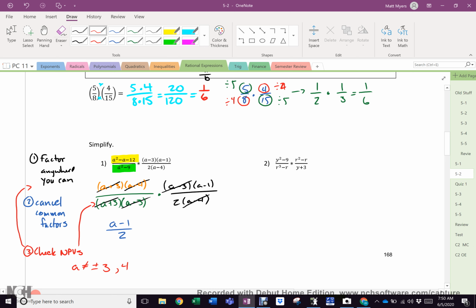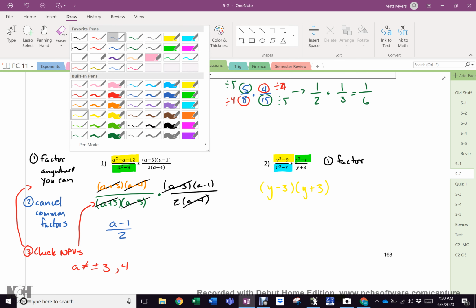Alright, so let's look at this next one and we'll do it in the right order. Step 1 is factor. So I can factor there, I can factor there, I can factor there, but I can't factor there. So the first one, and I will use yellow, y minus 3, y plus 3.